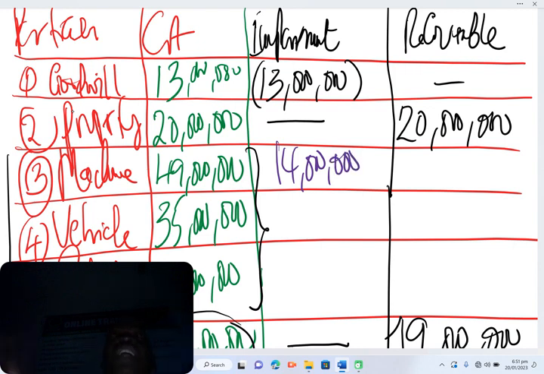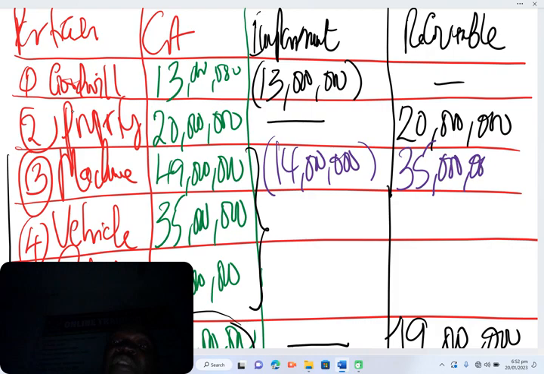Now, if you want to compute the recoverable amount, the carrying amount of the machine is 49, but the impairment is 14. The difference is the recoverable amount. So take 49 minus 14. 35 million. 35 million is the recoverable amount of the machine on the balance sheet.